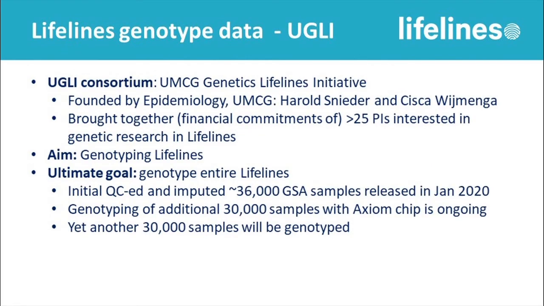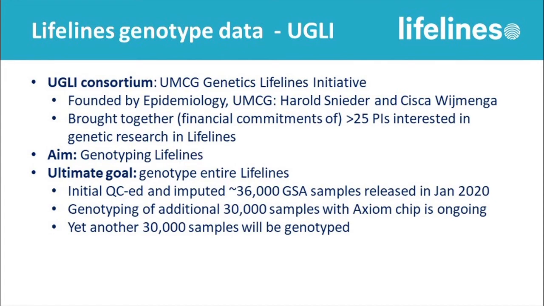The genotyping of the largest and most recent population was initiated by the UMCG Genetics Lifelines Initiative, abbreviated UGLI. This UGLI consortium was founded by Harold Snieder and Siska Wijminga of the University Hospital of Groningen, and they brought together over 25 PIs who were interested in genetic research in Lifelines. The aim of the UGLI consortium is to genotype the whole population of Lifelines, so all the 167,000 participants.